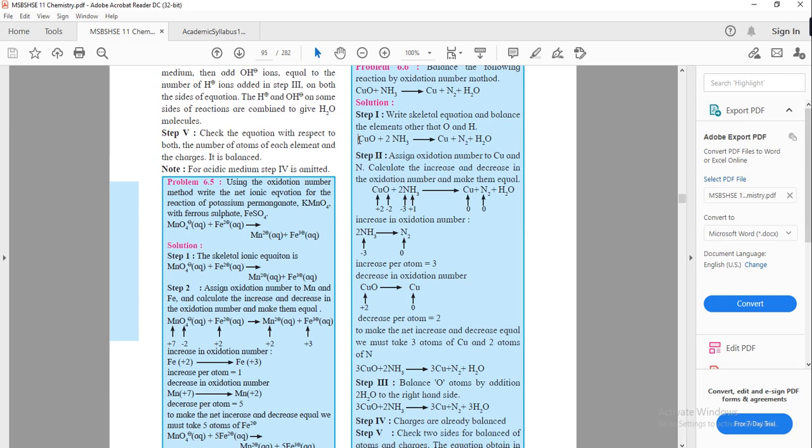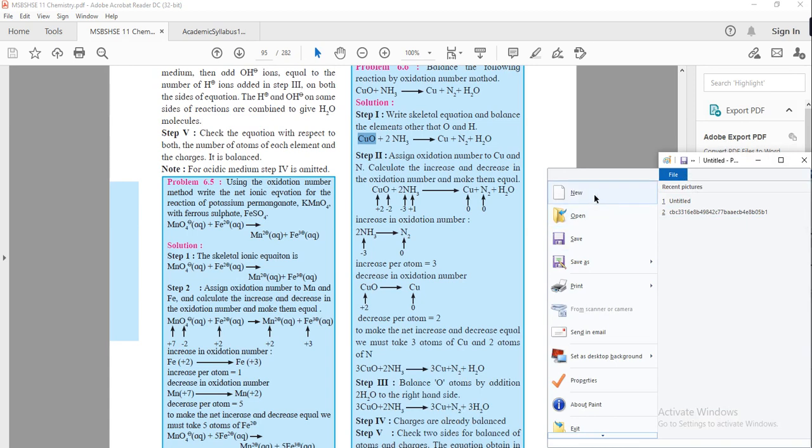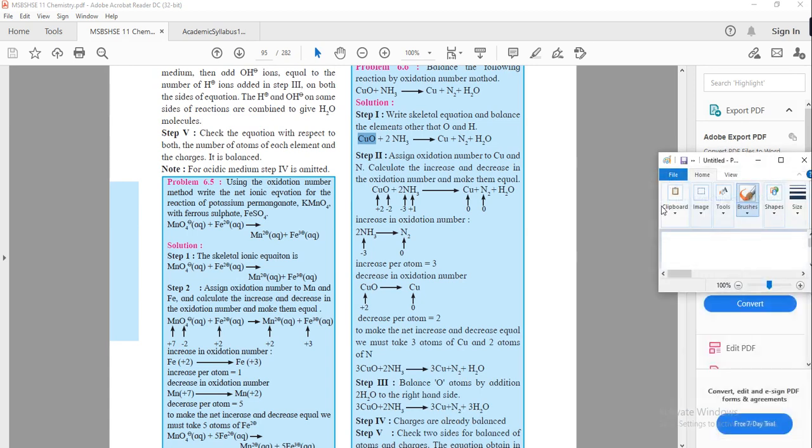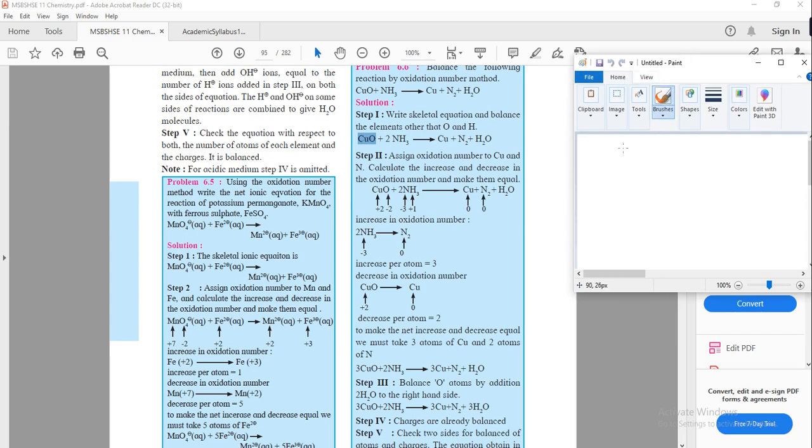For one oxygen it is -2. For Cu we consider x plus -2 equals 0, since there is no charge on the compound, so x equals +2.